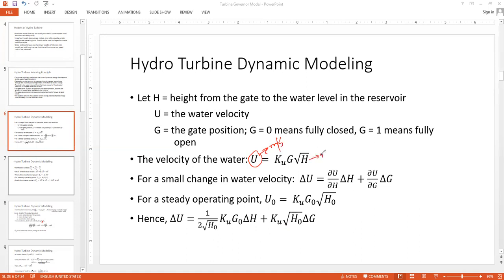This H is in meters. By actual units, I mean these things. H is in meters, U is in meters per second, and so on. Of course, gate position is simply some numeric value, a fraction between 0 and 1, any value between 0 and 1. Some real valued parameter.